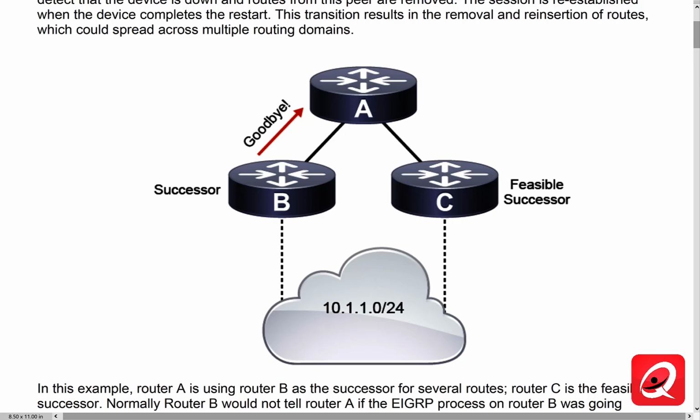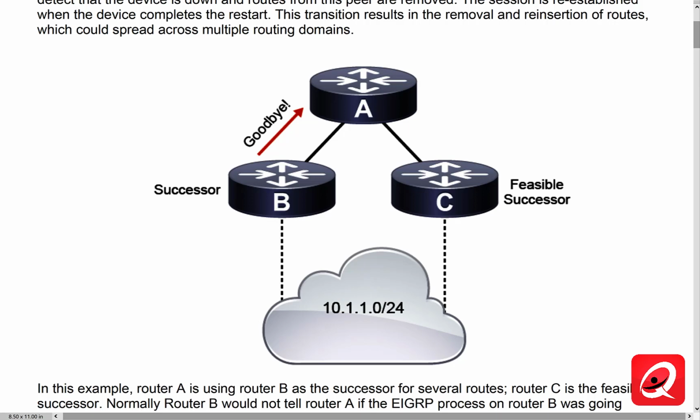With Graceful Shutdown, that goodbye message is broadcast, just to allow any peers to identify that it's occurring. Graceful Restart, on the flip side, allows us to reestablish that adjacency quickly. If you're using multiple route processors, you can use options like in-service software upgrade.